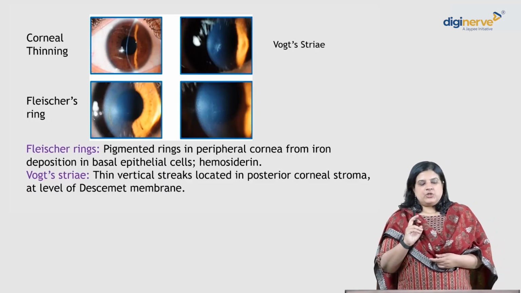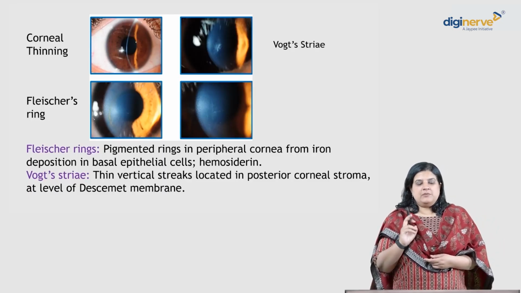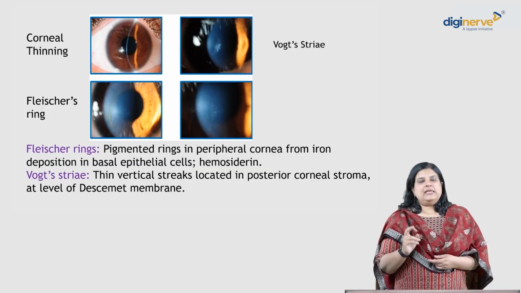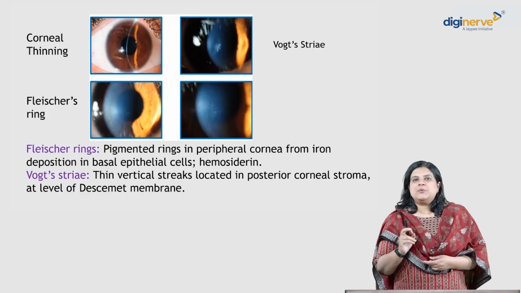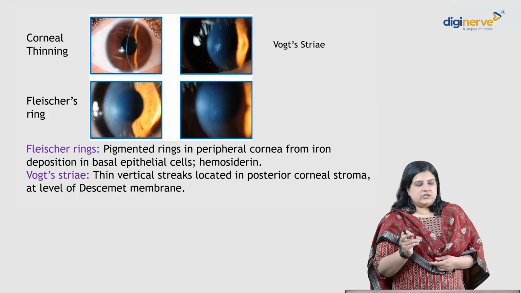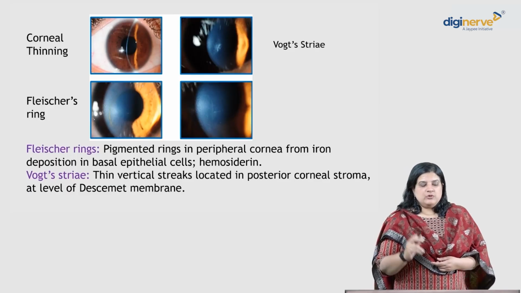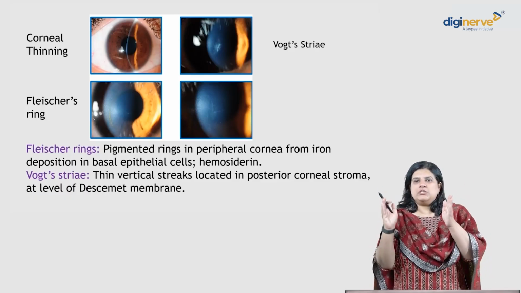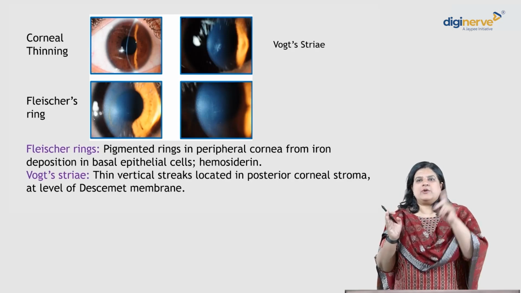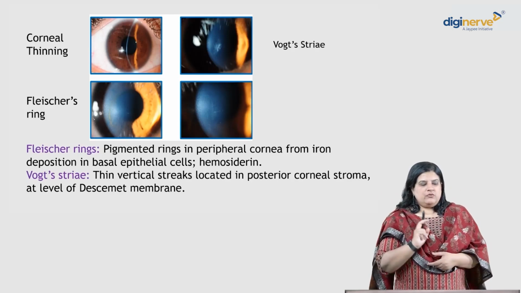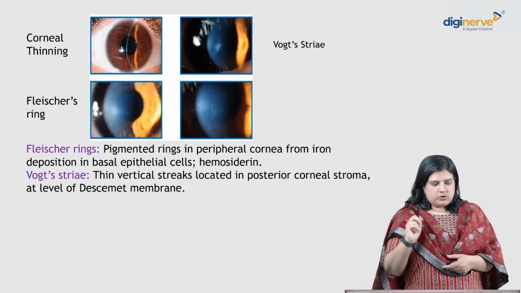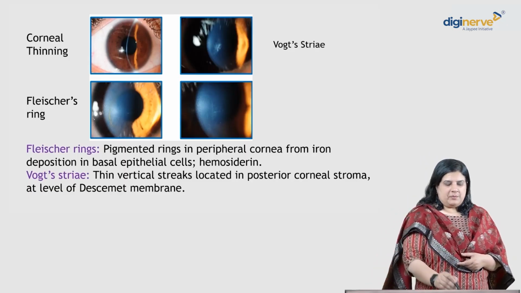You can have Fleischer rings, which are pigmented rings in the peripheral cornea from iron deposition in the basal epithelial cells, and basically what is getting deposited? That is hemosiderin. We get Vogt striae, which are thin vertical lines. Now remember, Haab's are horizontal, Vogt's are vertical. So H for H and V for V. So Vogt striae, thin vertical streaks, are located in the posterior corneal stroma at the level of Descemet's membrane.